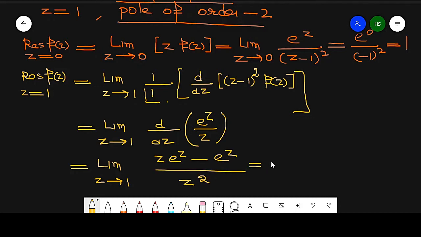Taking the limit z approaches 1, we get 1 into e raised to power 1 minus e raised to power 1 into 1, so this is e minus e. So this value is equal to 0. In this way we can find the residue of function f(z) at z equal to 1.